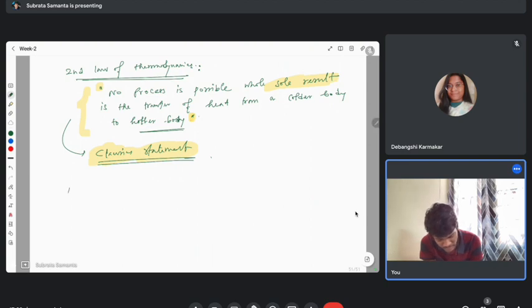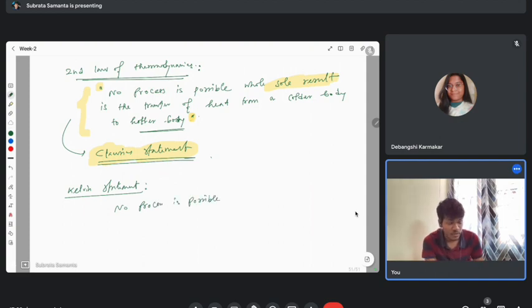The Kelvin statement tells us that no process is possible whose sole result is the complete conversion of heat into work.